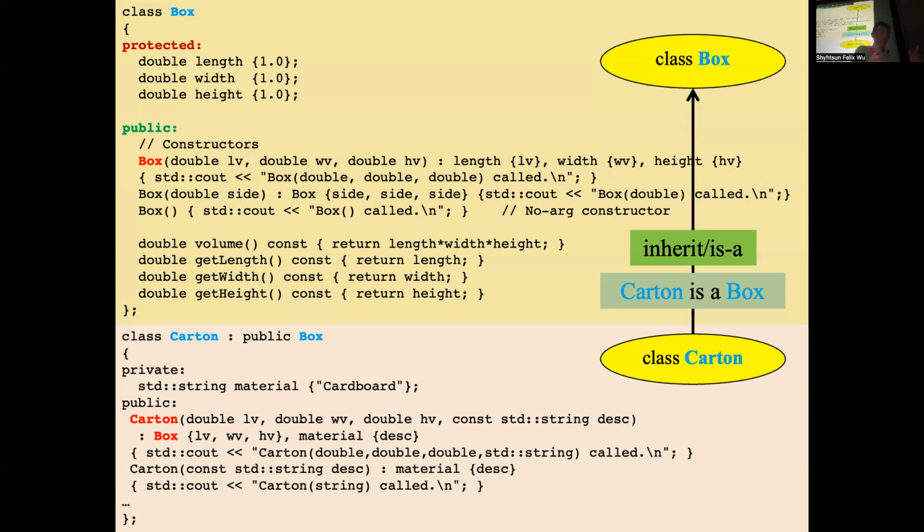When you specify class Carton, colon, public Base, you make class Box the parent class, and the child class is class Carton. So in English, once you define that, you essentially implement this sentence: Carton is a Box, because Box is its parent.